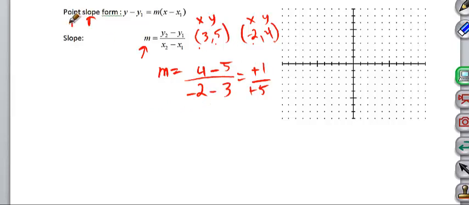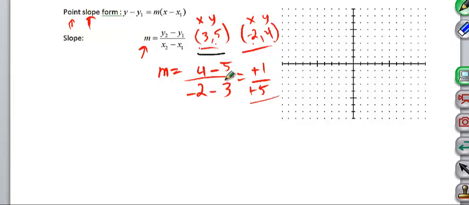Now we need a point and a slope. We have a slope. We got 2 points. We seem to have too much information here. So the key is we just pick one of them. It doesn't matter which one you pick. Either one will work. So what I would suggest is if one looks nicer than the other, you pick that one. These both look about the same type of numbers. There's no decimals, nothing crazy, nothing like 37.